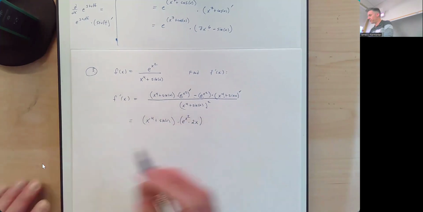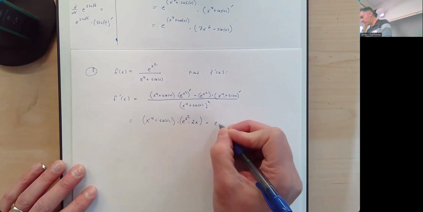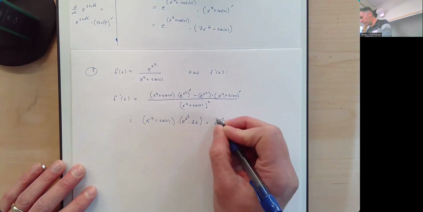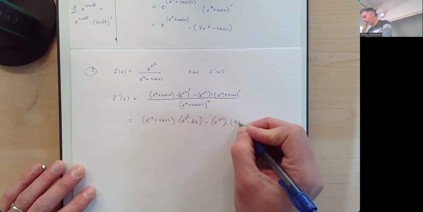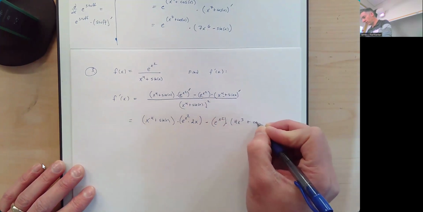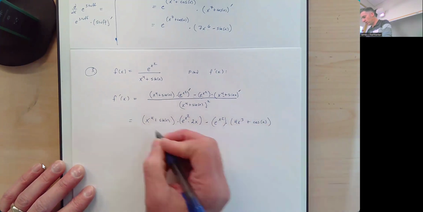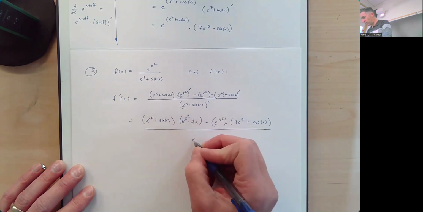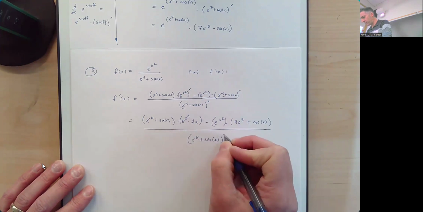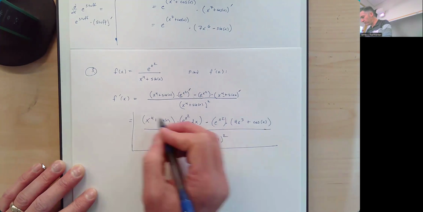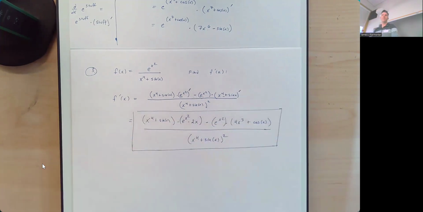I just like to. Minus e to the x squared times the derivative of x to the fourth plus sine of x, which is 4x cubed plus cosine of x, all divided by that denominator squared. So x to the fourth plus sine of x, quantity squared. And I wouldn't do another thing. I'll leave it at that.